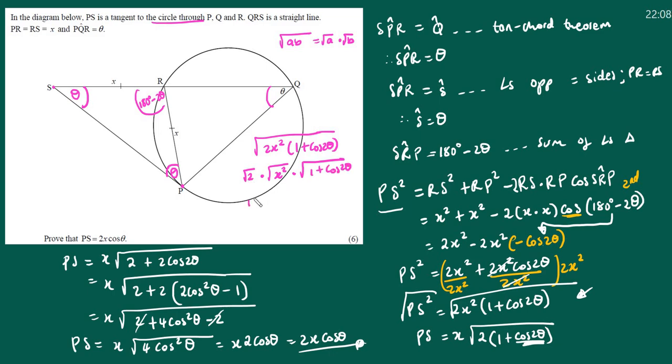So here is still the root of 2, x squared is x, and then here you have the root of 1 plus cos 2 theta.